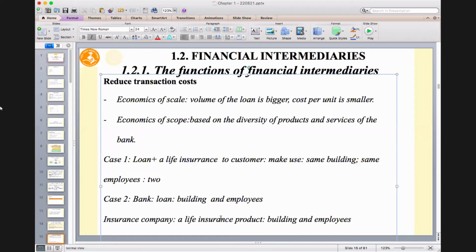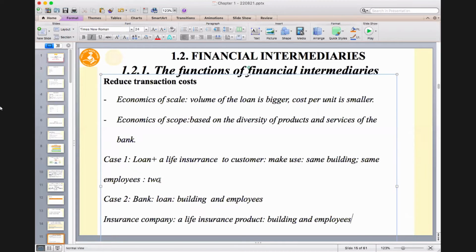So in the second case, we have to pay more cost to provide two services to the customer. And in the first case, we can save more cost when providing two products, two services to the customer.